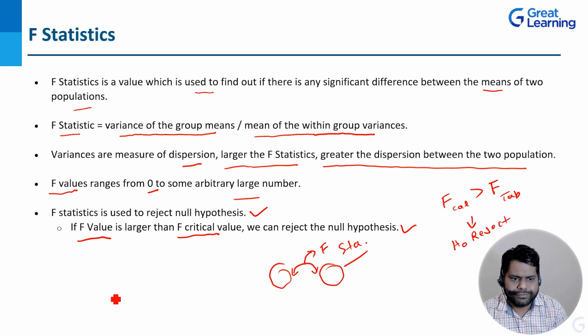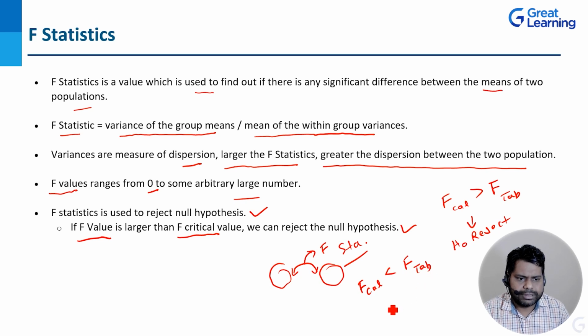But if F calculated is smaller than F tabular, then in that case we fail to reject the null hypothesis, or we can say the null hypothesis is accepted.